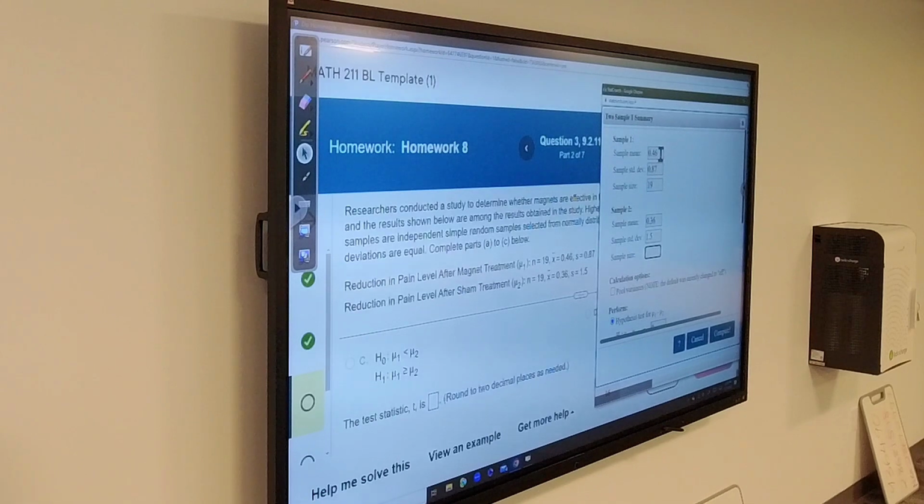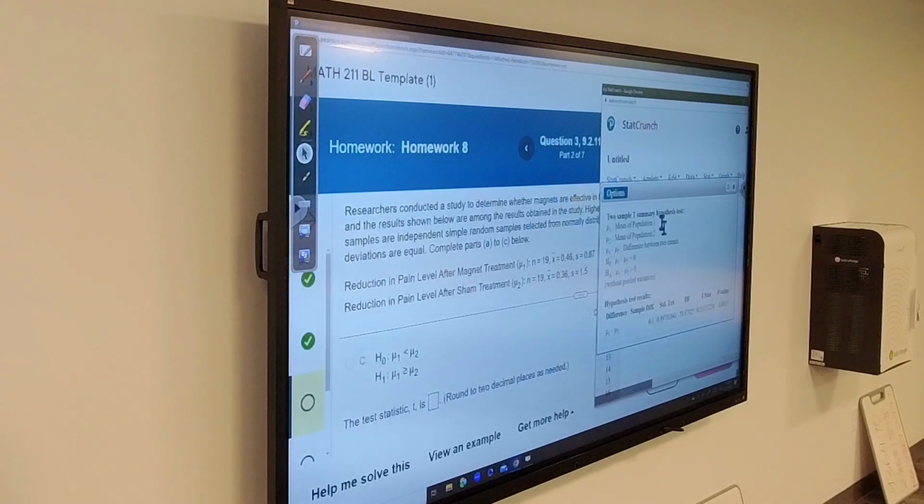It's a big standard deviation with a sample size of 19. This is my hypothesis test, equals 0, greater than 0. And so I get my test statistic and my p-value.